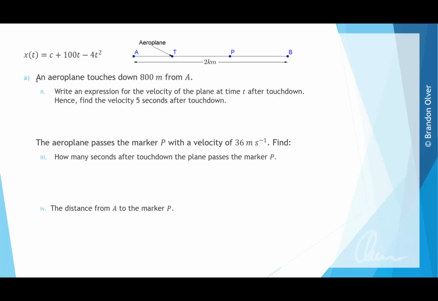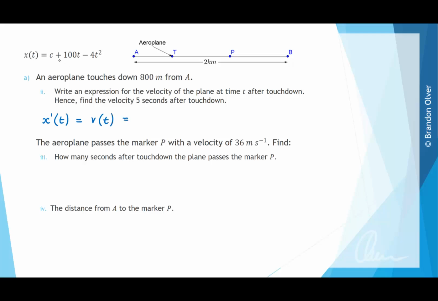For part 2 of A, we're asked to write an expression for the velocity of the plane at a time t after the touchdown. So we knew that x of t was equal to c plus 100t minus 4t squared, where c was 800 for this case. And to find the velocity, we find that the velocity is the derivative of the position, so that's going to give v of t.